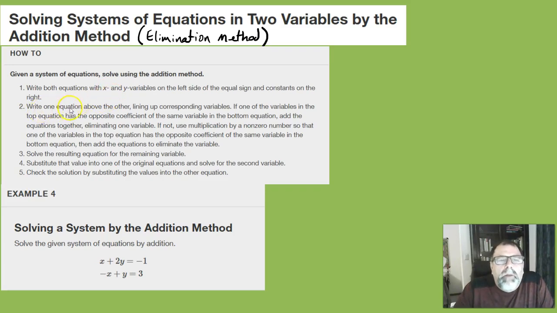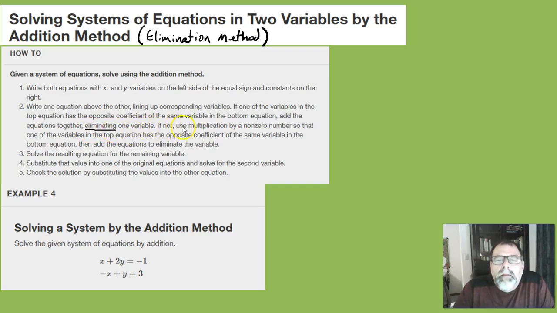Write one equation above the other, lining up corresponding values. If one of the variables in the top equation has the opposite coefficient of the same variable in the bottom, then you just add the equations together, and that eliminates a variable. That's why it's also called the elimination method. That's the goal. You want to eliminate one variable.